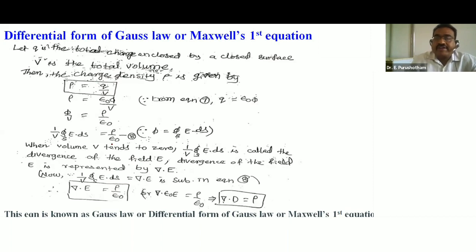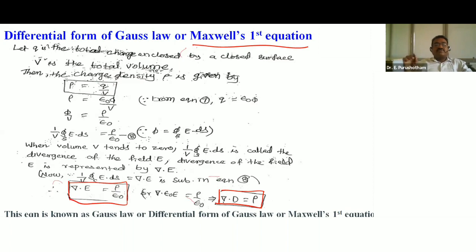Now I am going to discuss Maxwell's first equation, also called the differential form of Gauss law. So del dot D is equal to rho. This is Maxwell's first equation, you remember. Or del dot E is equal to rho by epsilon naught. This is Maxwell's first equation.